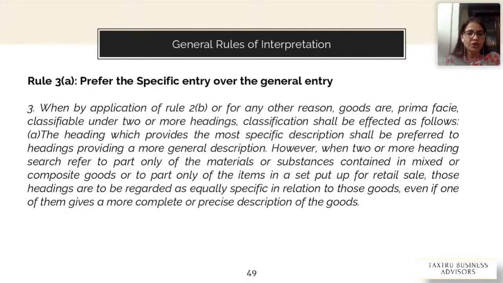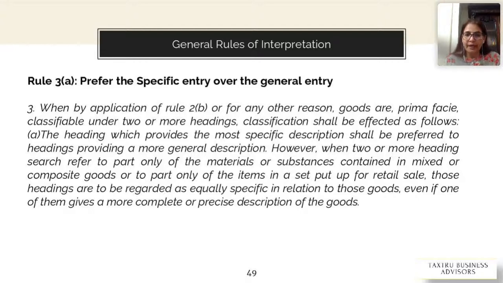When by application of Rule 2B or for any other reason, goods are prima facie classifiable under two or more headings, classification shall be effected as follows. A. The heading which provides the most specific description shall be preferred to headings providing a more general description.